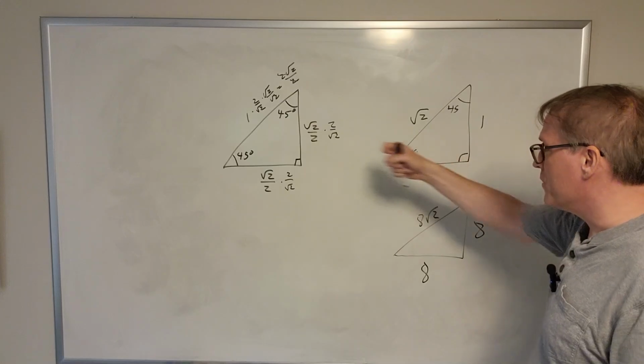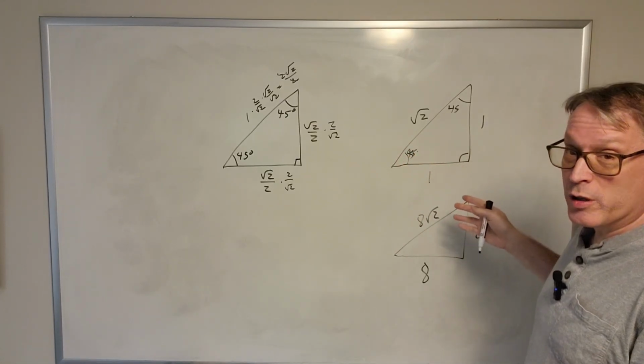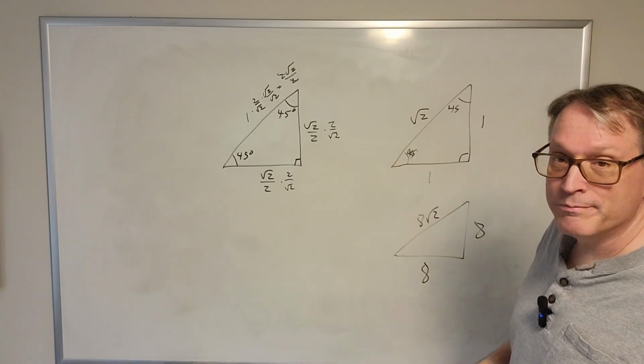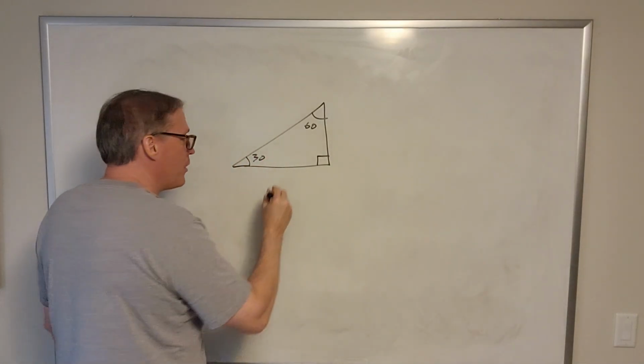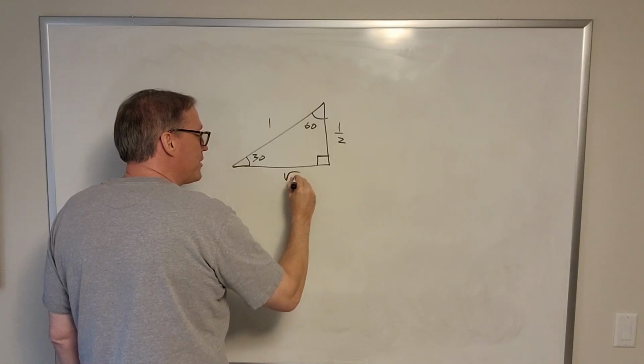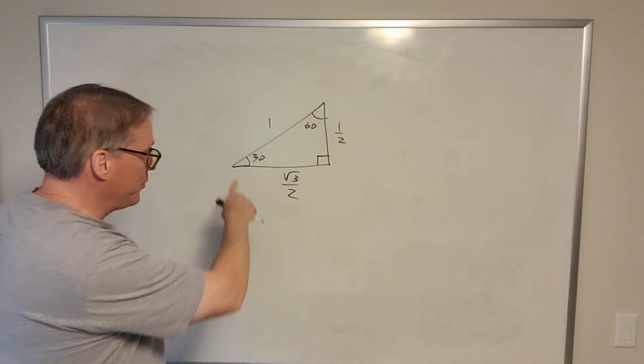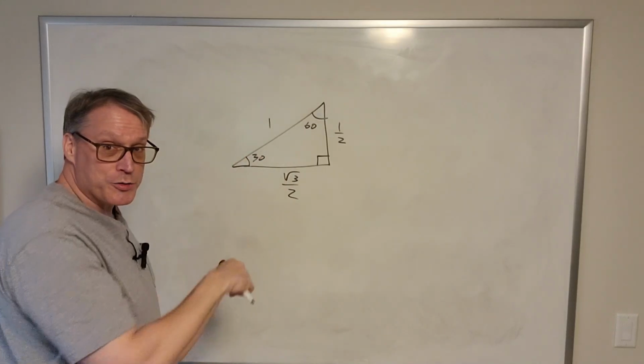Well, it's better to think of this triangle more in this form, where if these sides are 1, usually, but be able to go either way. Remember the 30, 60, 90 triangle? This side is going to be 1/2. If this side is 1, that makes this side square root 3 over 2. We proved that earlier by drawing the other triangle down here, an equilateral triangle.